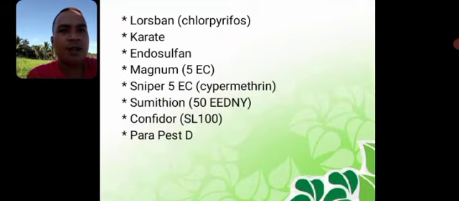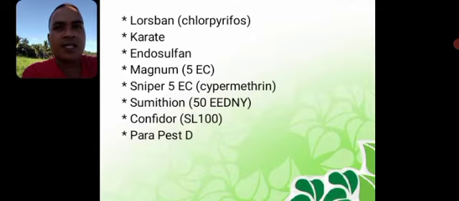Next is larvaban, or chlorpyrifos. It is an organophosphate pesticide used on crops, animals, and buildings in other settings to kill a number of pests, including insects and worms. Next is karate. Karate is an insecticide for insect control in cereals, rice, citrus, grapes, vegetables, and sweet corn.